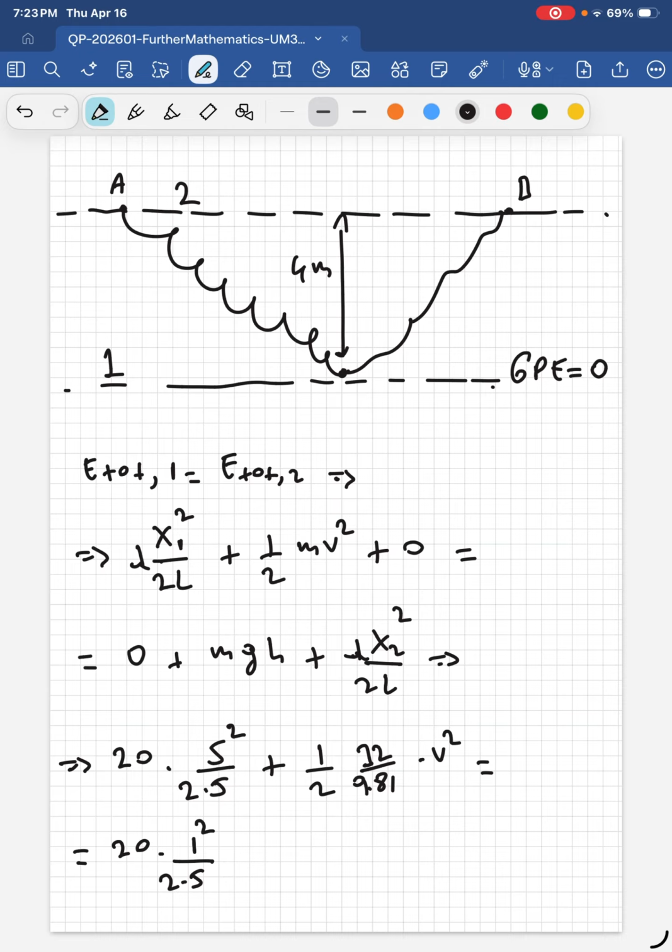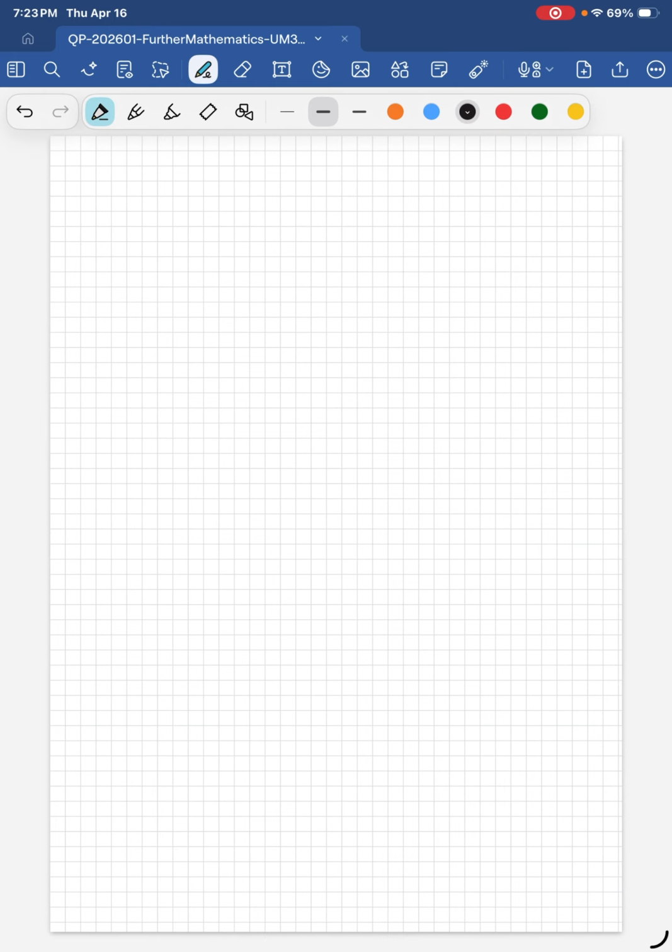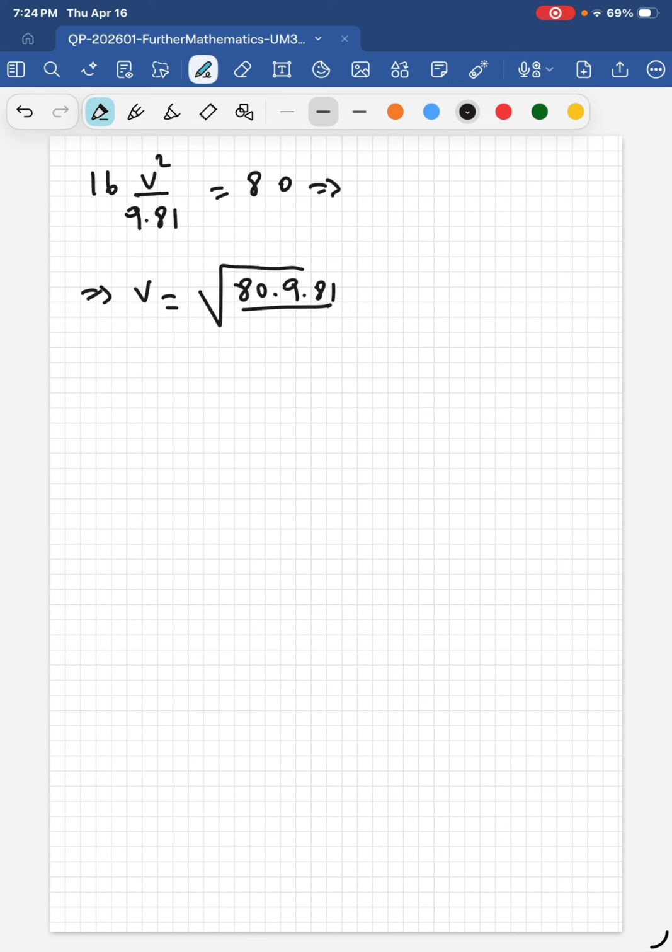So that plus mgh, so mg is 32 times 4, okay? So we get that 16v squared over 9.81 is equal to 80, so v is the square root of 80 times 9.81 over 16, which is 7 meters per second, which is the answer.